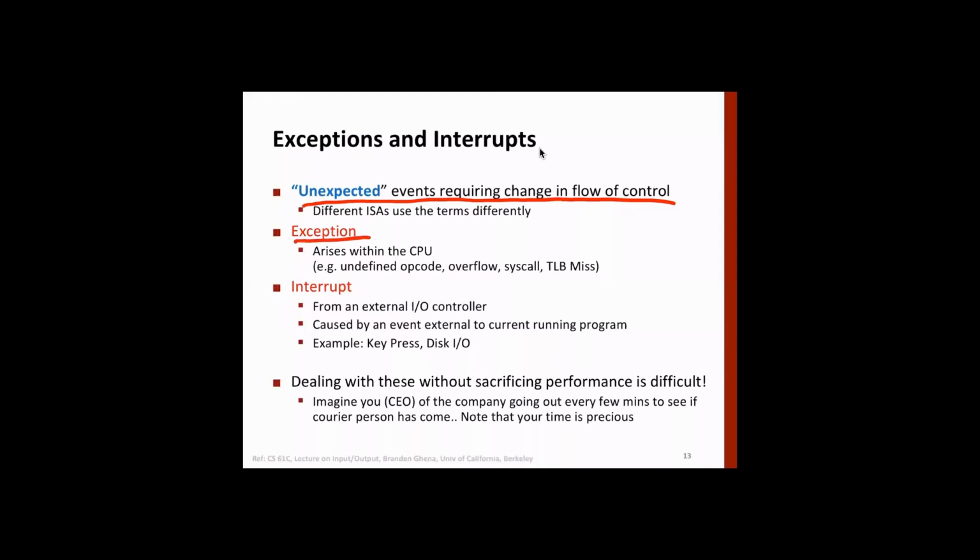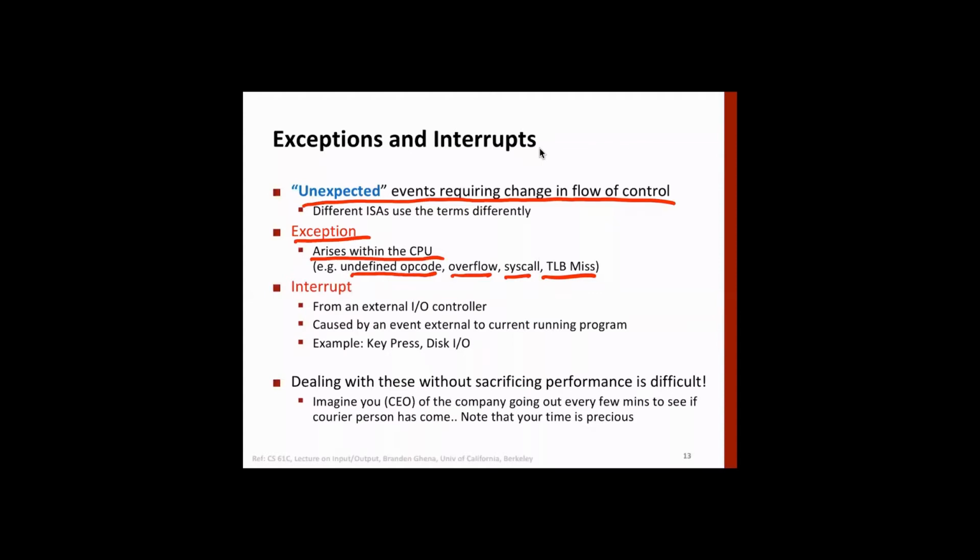So it arises within the CPU because of an undefined opcode, overflow, syscalls, or a TLB miss. Okay, if there's a TLB miss, it means that the entry in the address translation table is missing. It means that now from the TLB, which is in cache, we will bring it from somewhere else, from main memory or secondary memory, right? So there will be an exception raised.